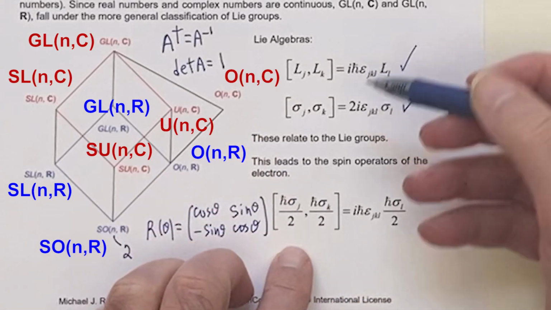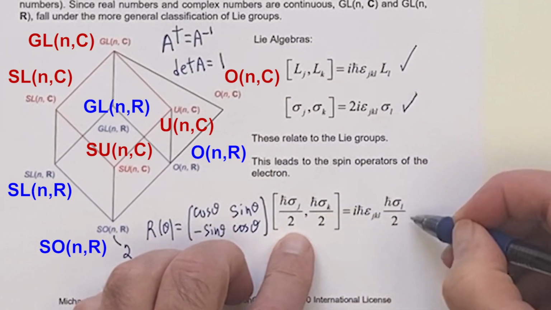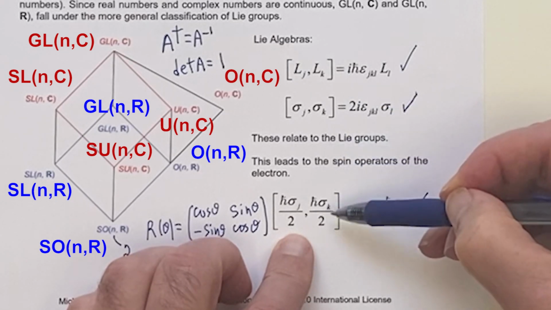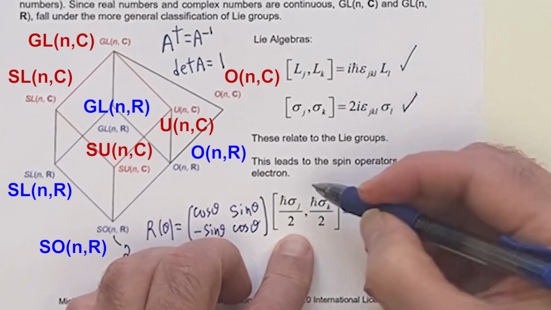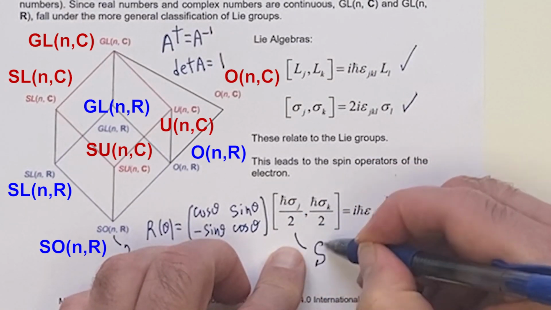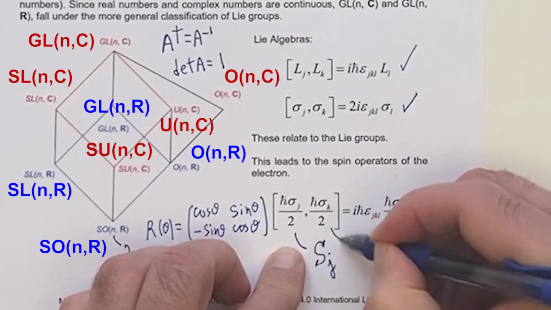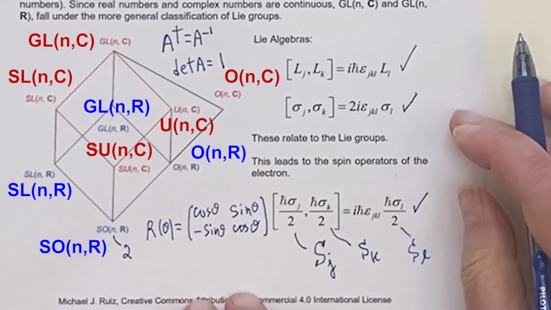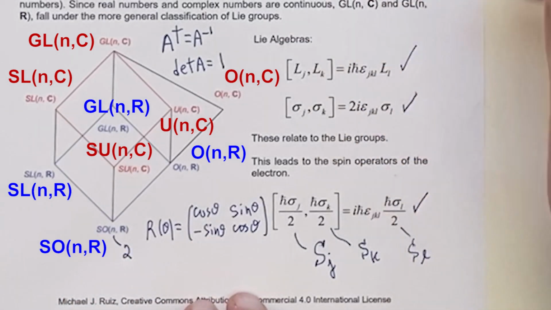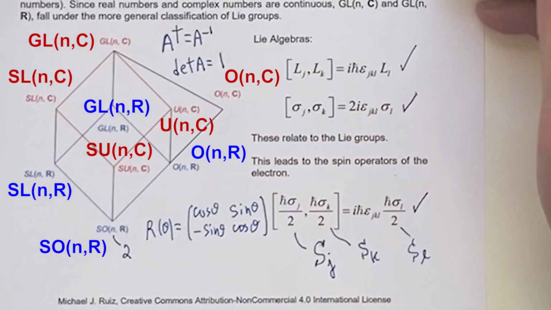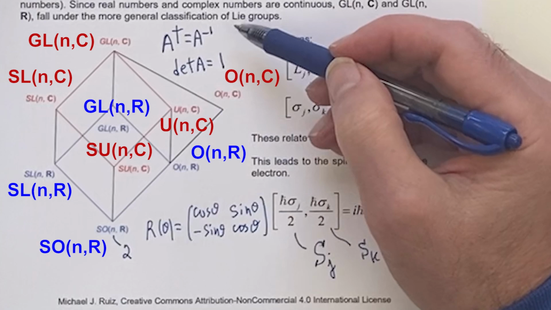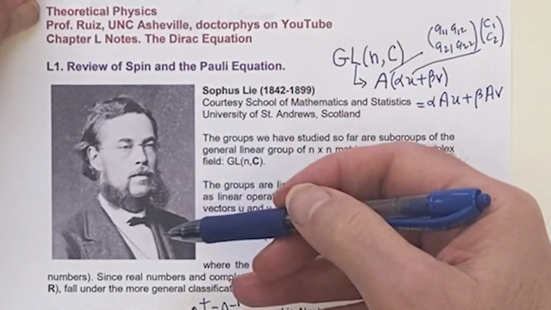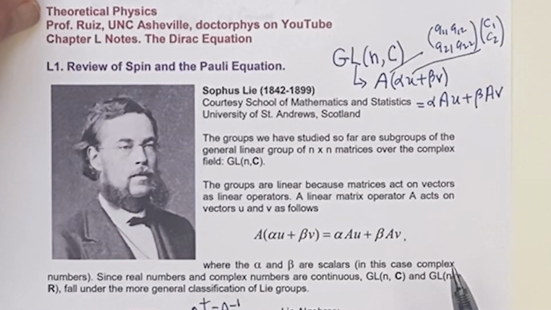And then when we put in the h bar and divide it by 2, we were able to make the second one look like the first one, where then this becomes S sub j, and this is S sub k, this is S sub L. So this is just a little moment of review of what we did earlier, and to talk about the classification of the matrices here, and honor Sophus Lie, as these are Lie algebras and Lie groups.